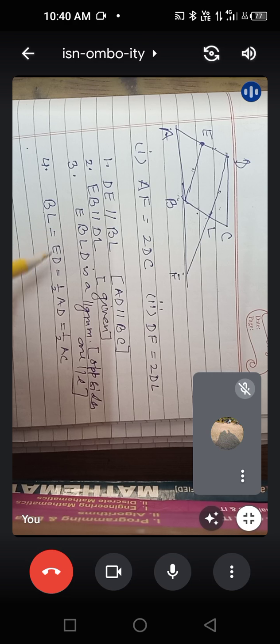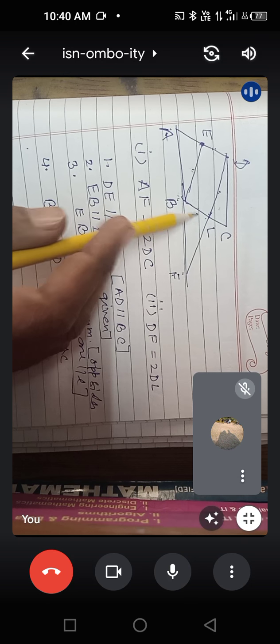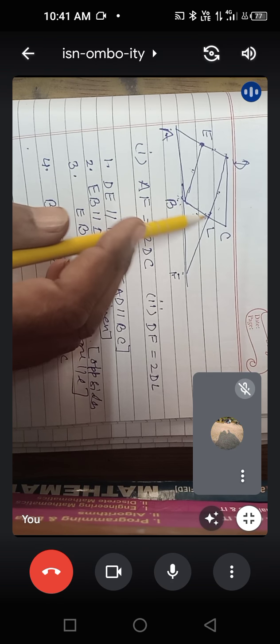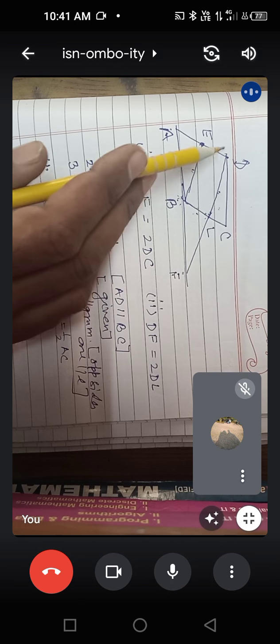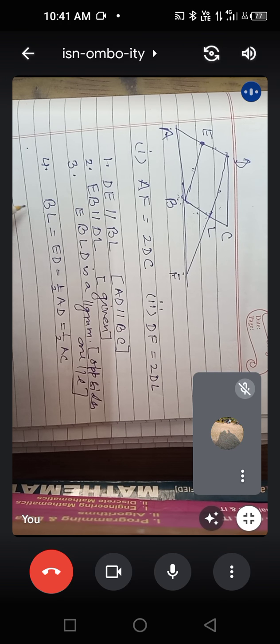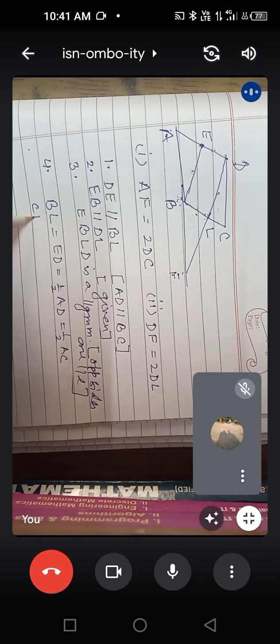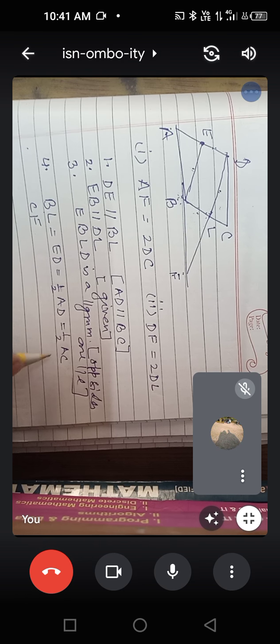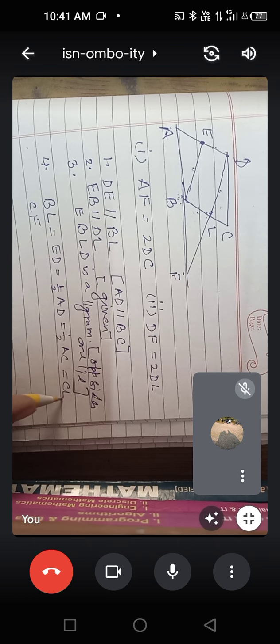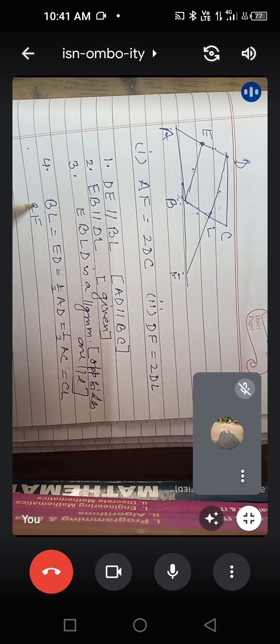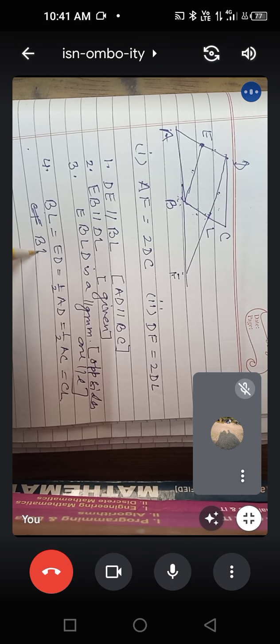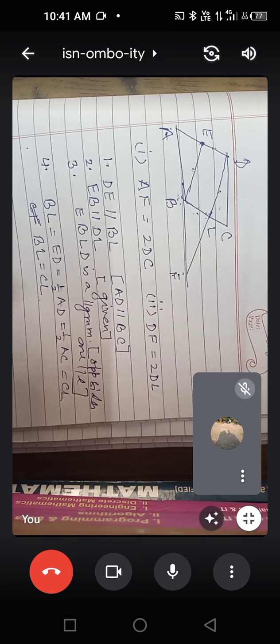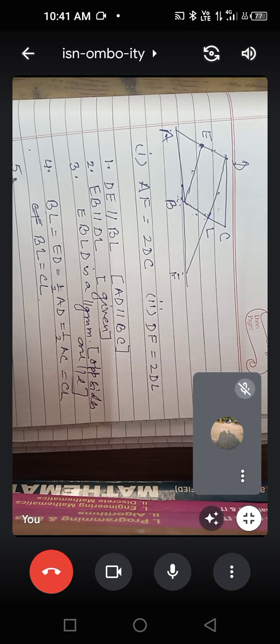This means BL is equal to half of AC. So this is half of AC, and this means the remaining is also half. So the whole is equal. So you can simply say that BL is equal to CL. Is that okay?